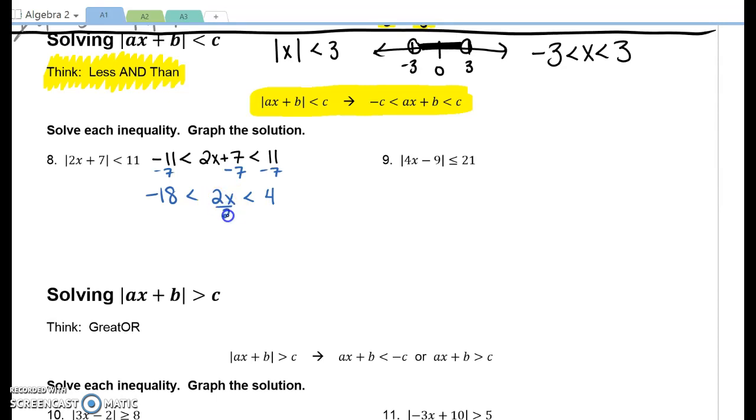Then we would divide by 2. -9 is less than x is less than 2. Open circles at -9 and 2. And because x is between -9 and 2, you shade in between -9 and 2.